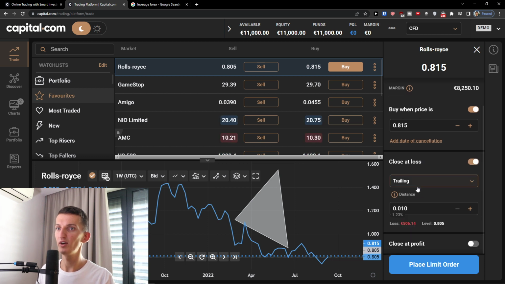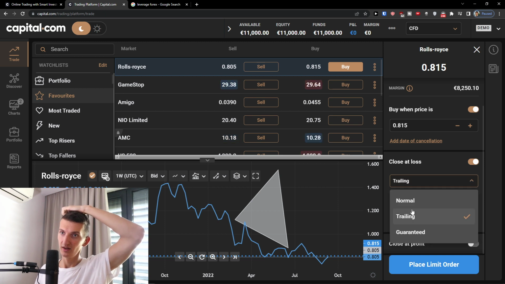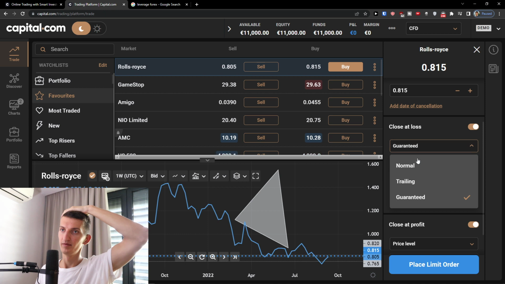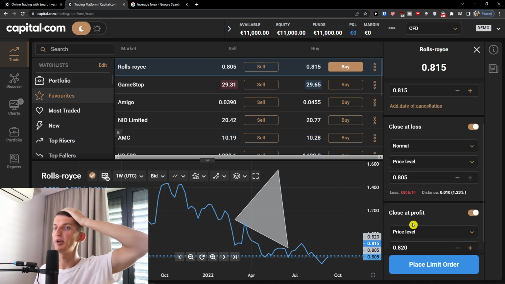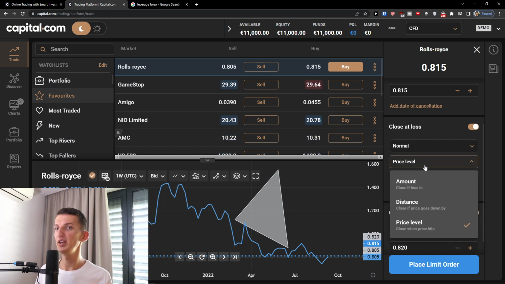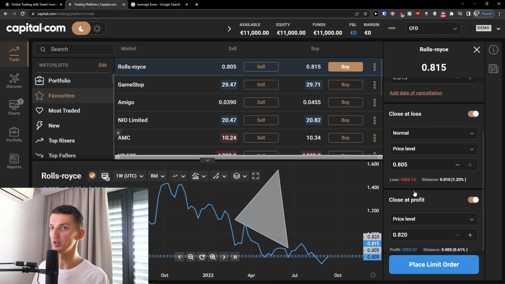And then you're going to have also distance here, or just normal. So let's say the price level for the close at loss, close if the price goes down by, let's say, 10% or $2. Price level, when the price level hits, and you're going to add it, and this is the stop loss.